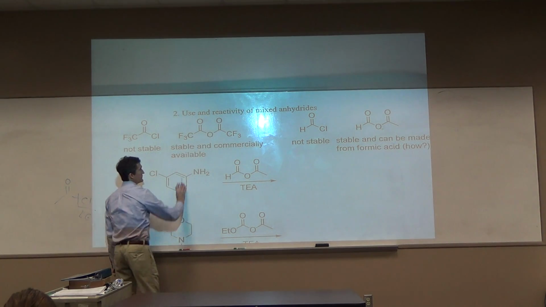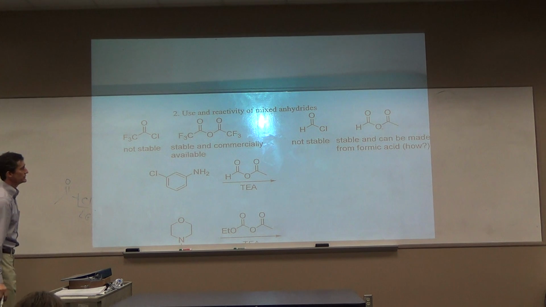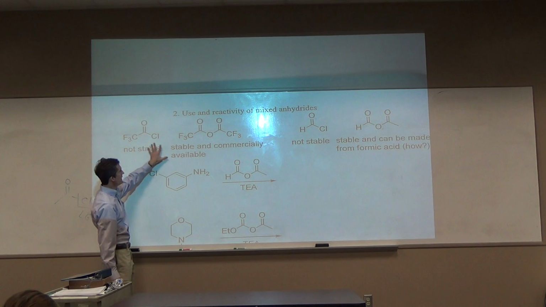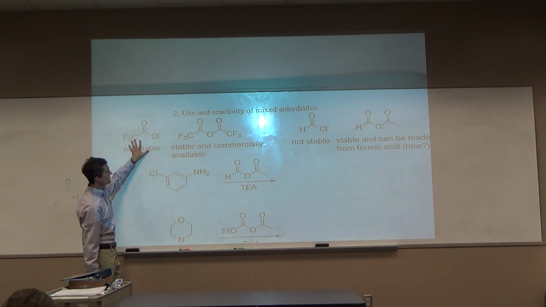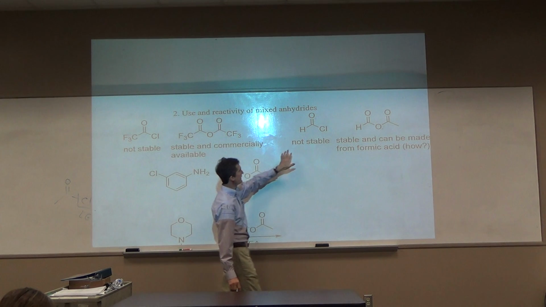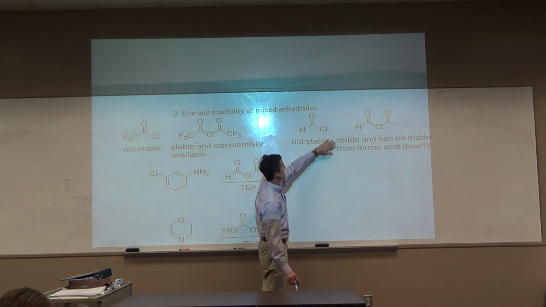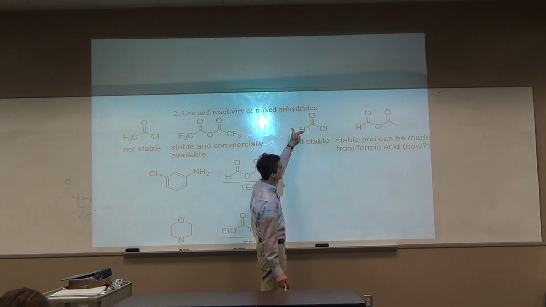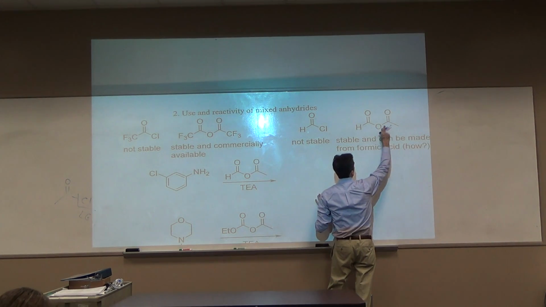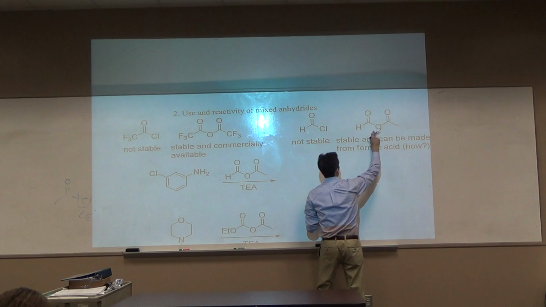Instead, this anhydride is stable and we can use it as an acylating reagent. Now that's not a mixed anhydride, but I'm just telling you that some acid chlorides are not stable and anhydrides are. Over here, this acid chloride is not stable, just with an H here. But this mixed anhydride is stable, and we can make it.